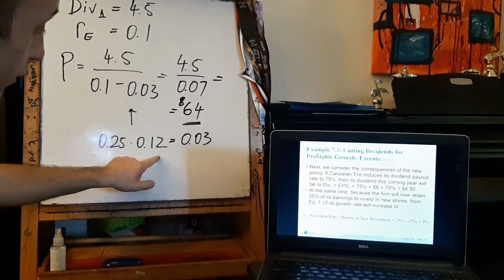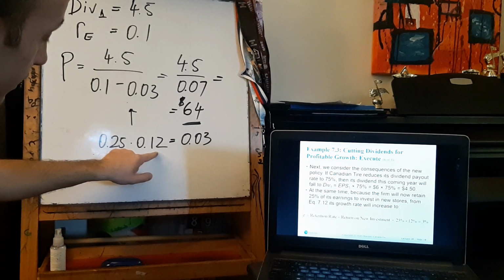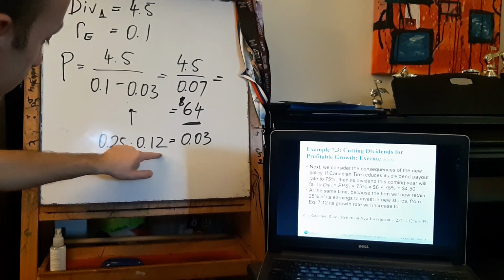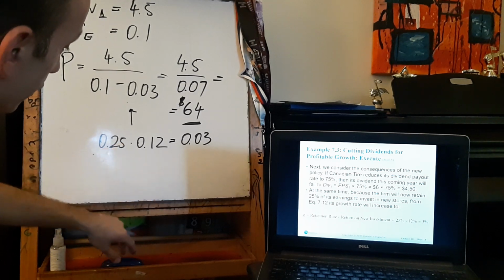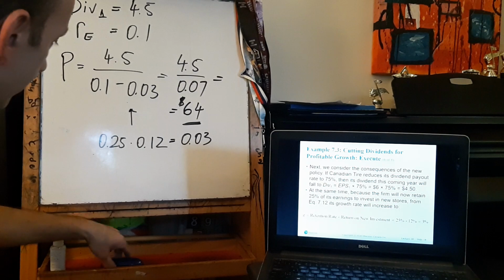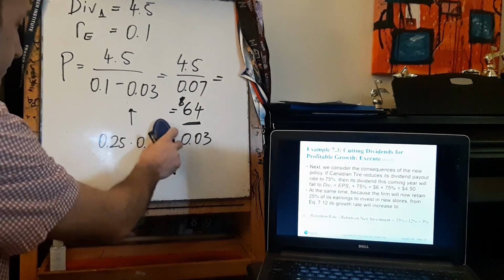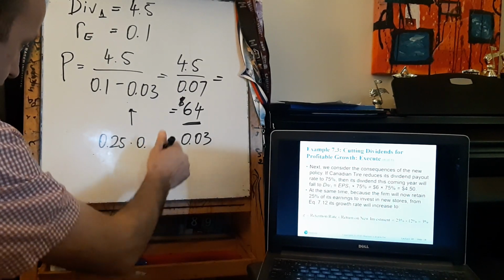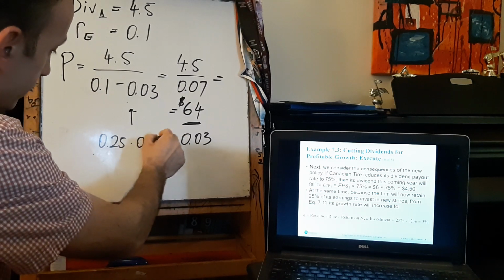Suppose that they found a project that is not as profitable as this one here, that gives 12% return. Suppose they found a project that gives lower return. Well, if this number becomes lower, let's say 8%, 0.08.